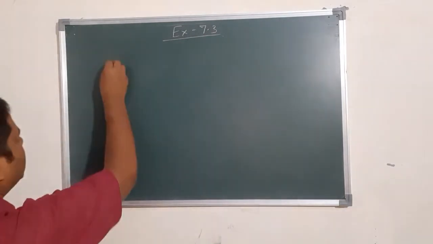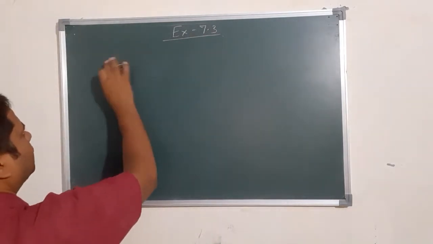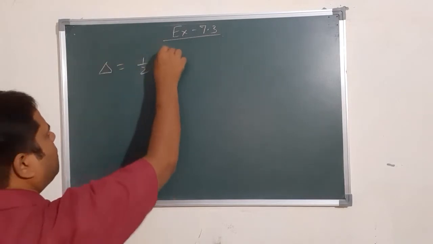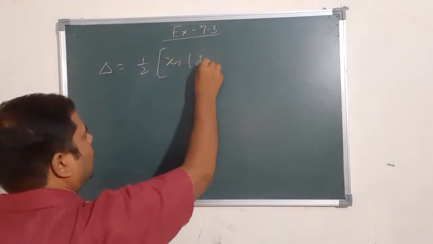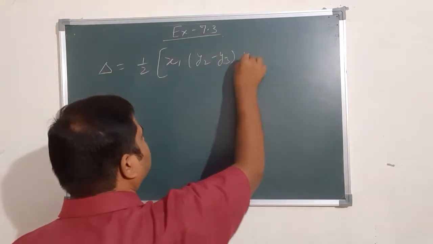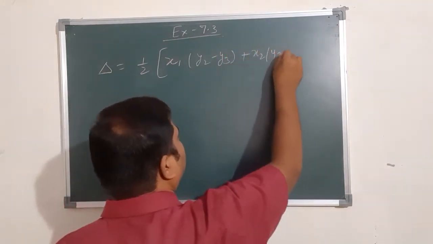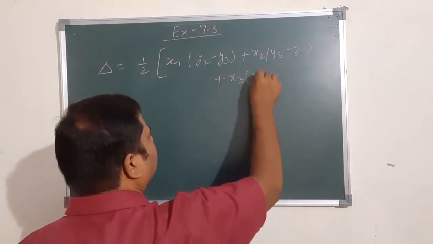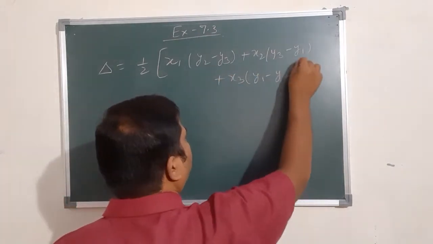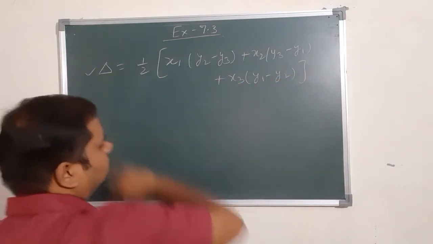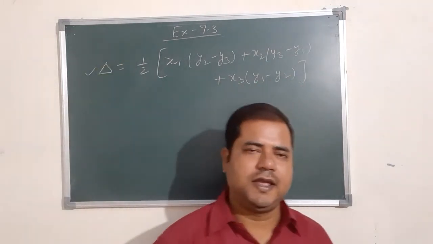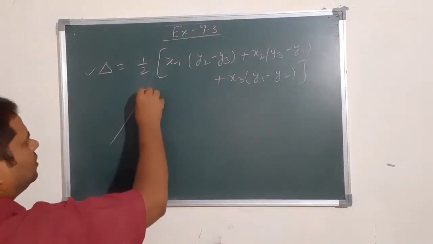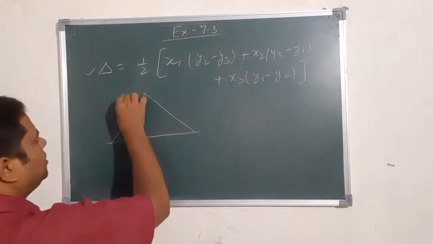So area of triangle is what? Delta is equal to half of x1 (y2 minus y3) plus x2 (y3 minus y1) plus x3 (y1 minus y2). So this is the formula for area of triangle having vertices x1 y1, x2 y2 and x3 y3.